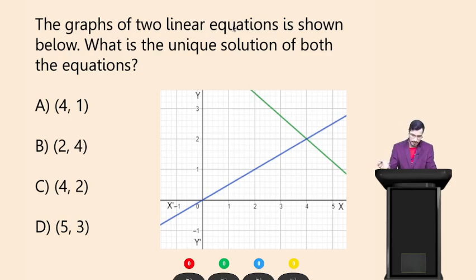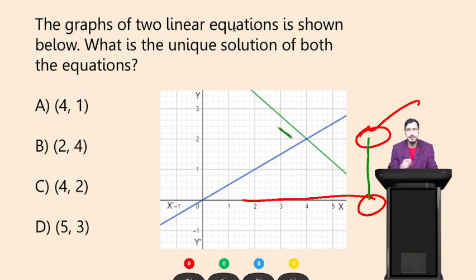Yes students, time's up. You can see here both the lines intersect at one point only. So that is the unique solution of both the equations. The coordinates of this point: on the x axis it is 4, and on the y axis it is 2.